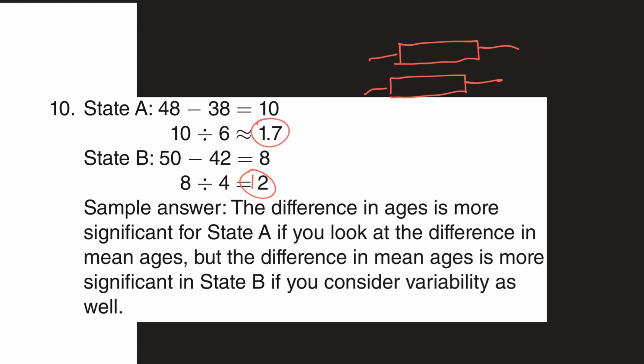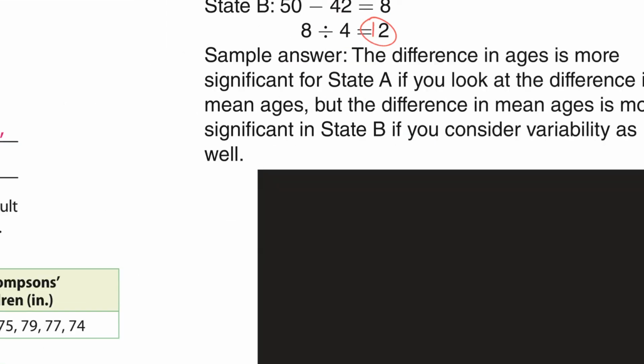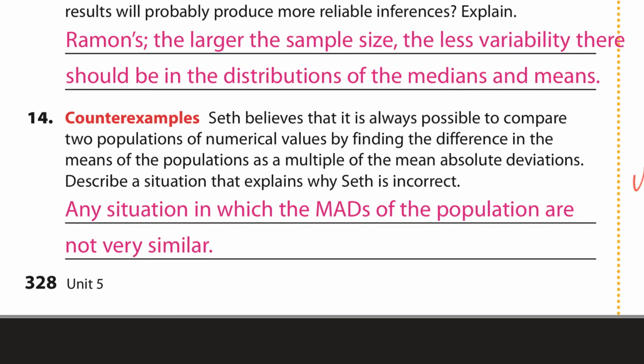But if you're trying to compare the two, and one of them is spread out like this, it's kind of hard. The mean absolute deviation of this one is going to be a lot bigger than this one. Mean absolute deviation is talking about how far spread out your data is. So it's hard to compare these two. And that's what this answer in the end is mentioning.